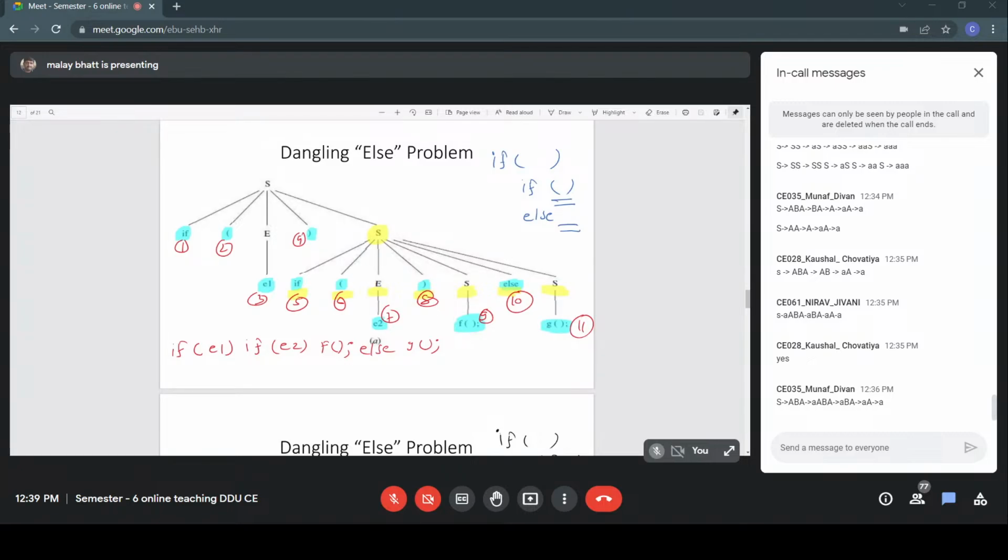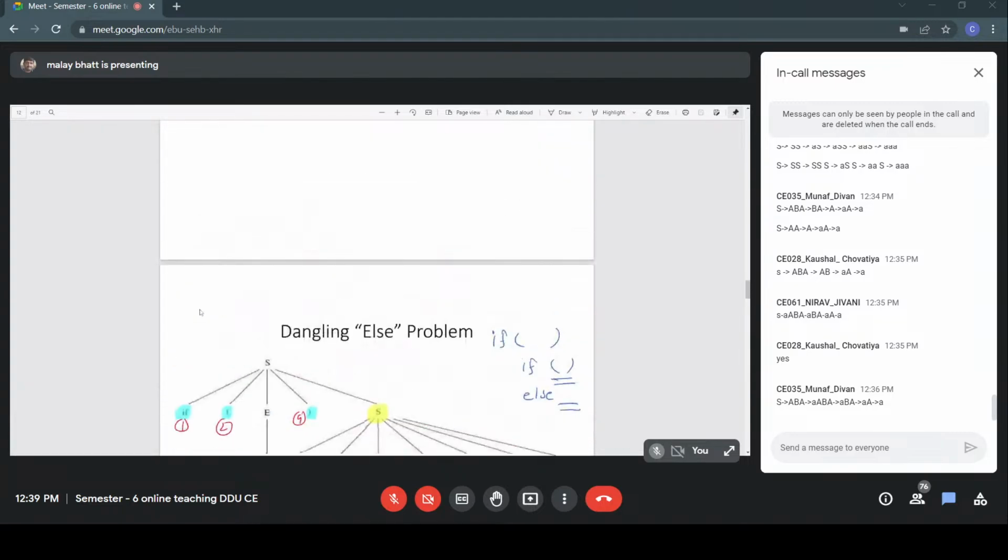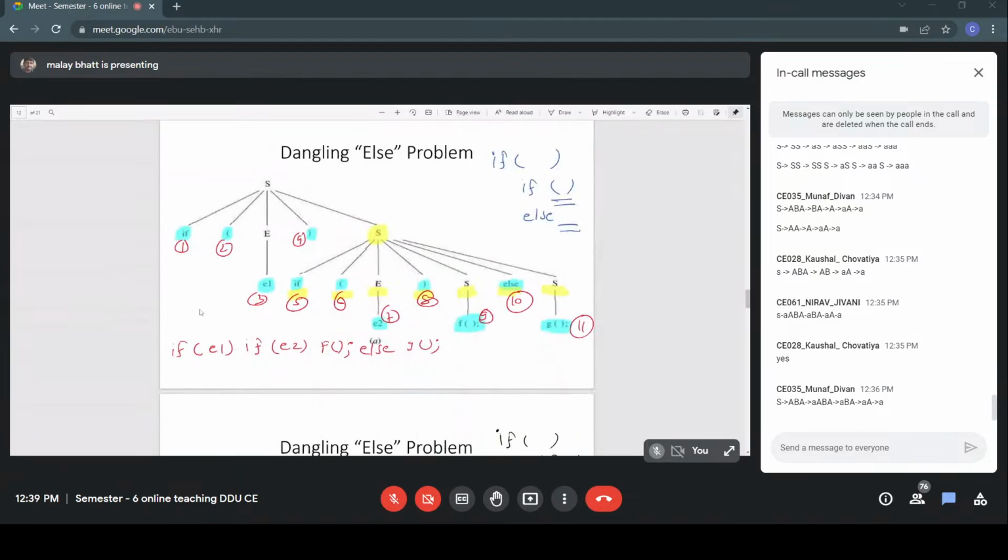In the if statement, we have a last S, and because if is a terminal, then opening parenthesis, then E is replaced with E1, any valid expression. We have closing parenthesis and the last S, which is replaced with if condition statement else statement. So in the last S we have both if and else.